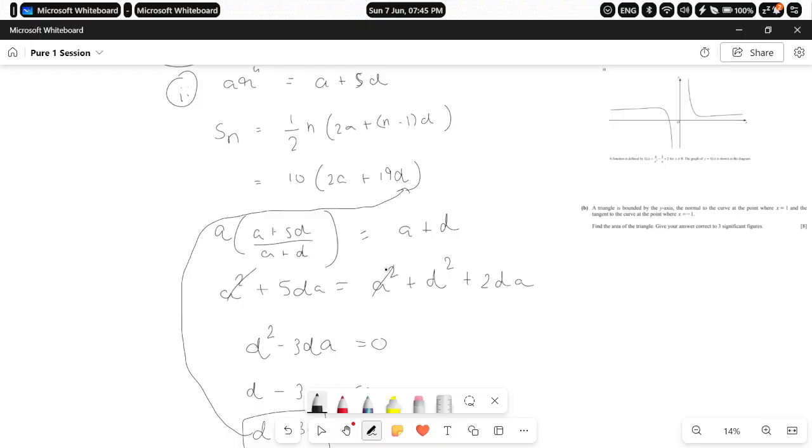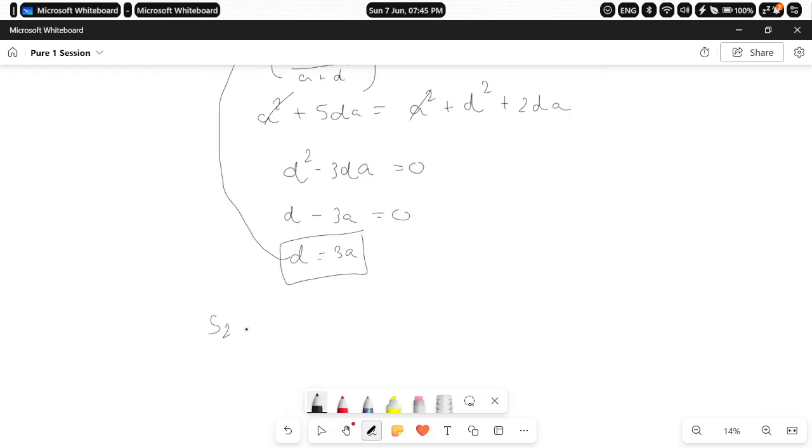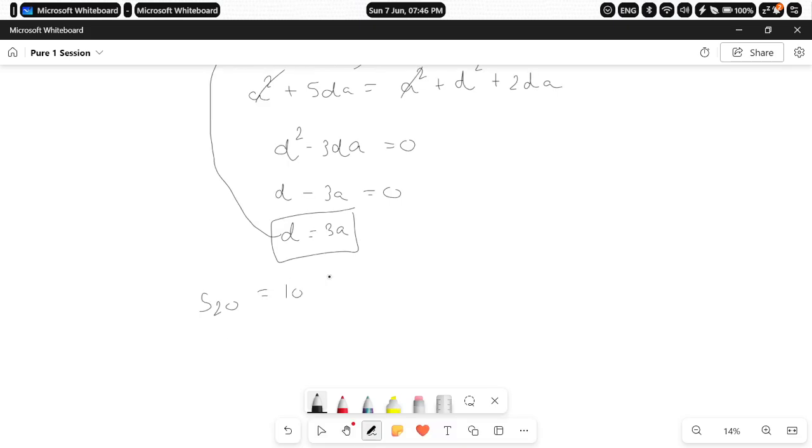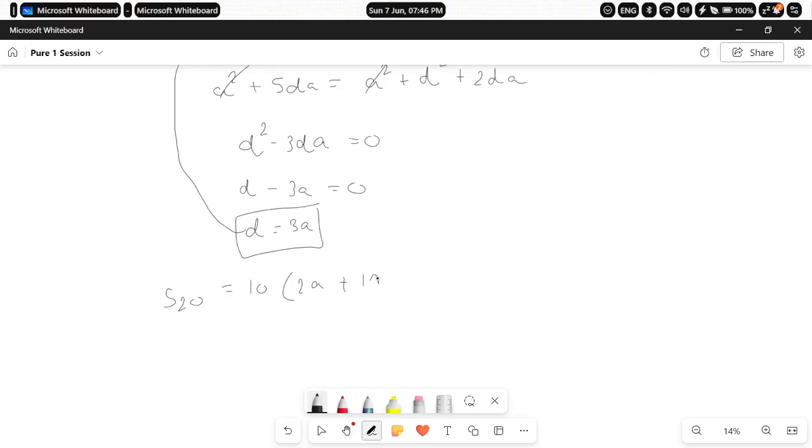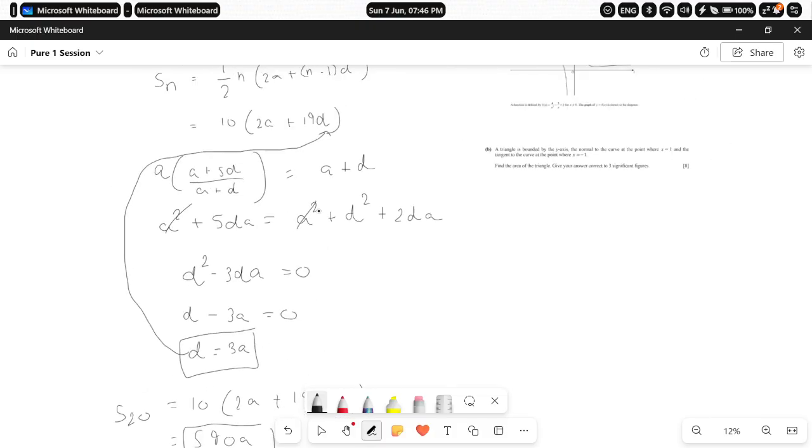So sum to 20 would be 10 times 2a plus 19 into 3a, and the final form that you get is 2 plus 19 into 3, that into 10. So I'm getting 590a. Let me know if that's right.